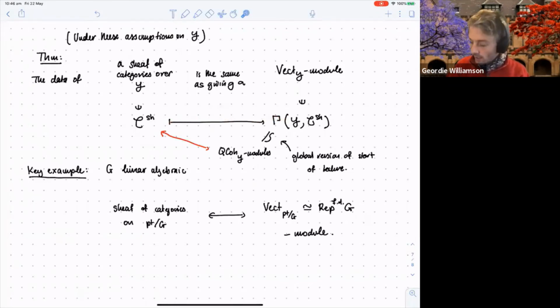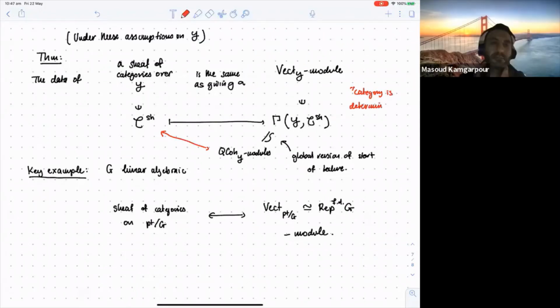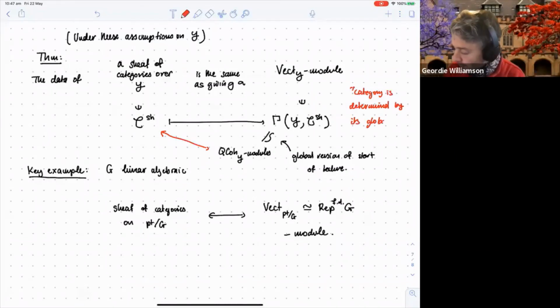So this is, as Emily says, the category is determined by its global sections. And this is what people call one-affineness. And the question of when this is true in a more general context is very subtle and explored in Gaitsgory's paper.